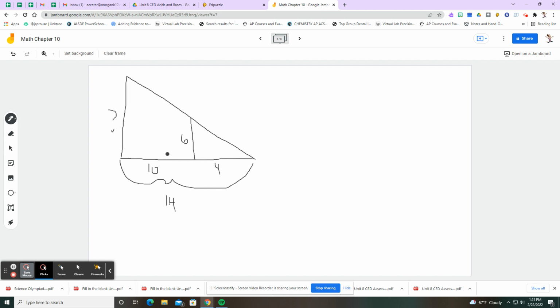Okay, so I'm going to make a ratio of the two vertical ones. So x over 6, because those are my two vertical lines, has to be equal to the small triangle, which is 4, over the bigger triangle, which is 14.